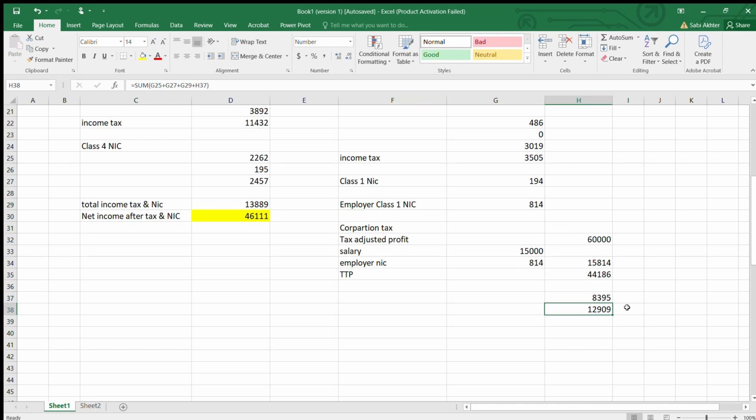This is 8395, which is 12909. So this is the total tax under the company. Now we are going to find the net income.